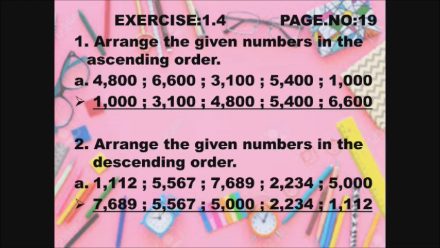5,400 and 1,000. For finding the smaller number, first we have to check the first digit, that is in the thousands place. See the thousands place: 4, 6, 3, 5, 1. And 1 is the smallest number. So 1000 we have to write first. The next smallest number is 3, so 3100.